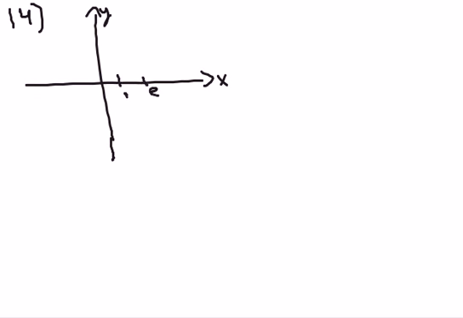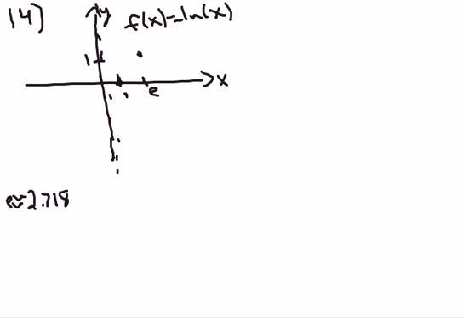Remember that e is approximately 2.718, and ln of 1 is 0, ln of e is 1. We have a vertical asymptote at x equals 0, so the function looks like this.